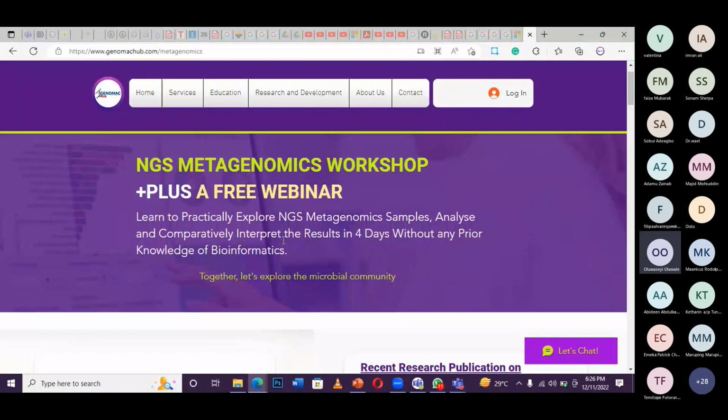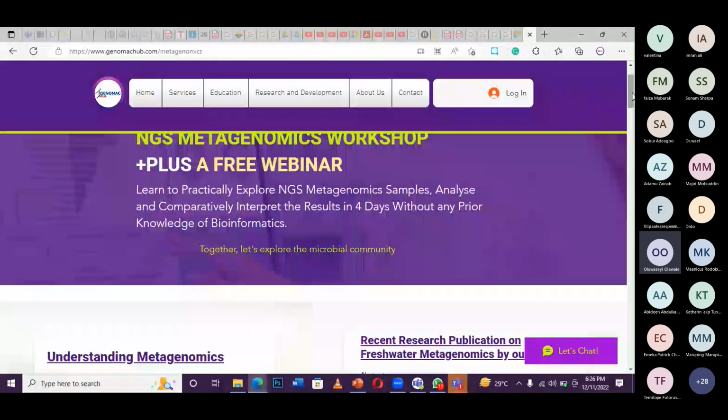And mind you, in this workshop we're exploring WGS, the whole genome shotgun sequencing, for soil, water, whatever you want to use. So whether you understand Python or you don't, whether you have Linux or Windows, the workshop is for you.